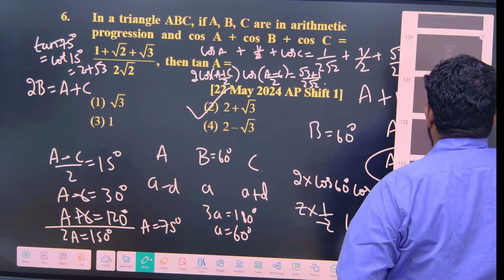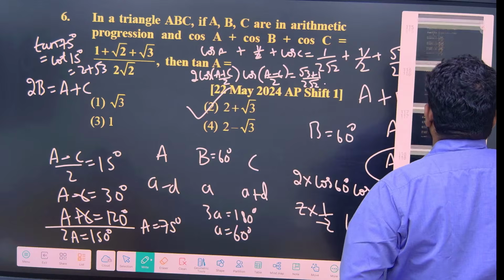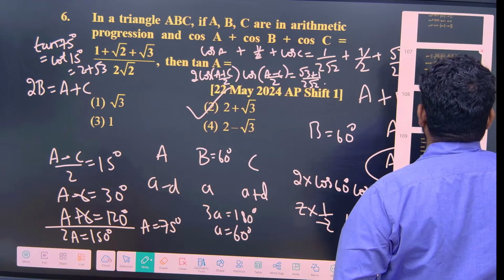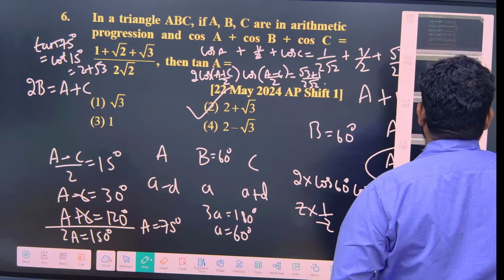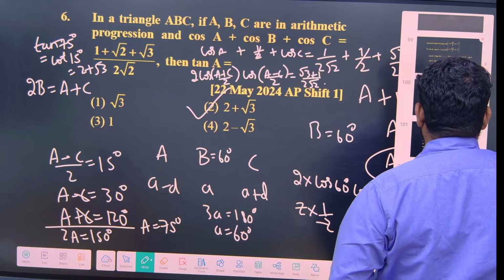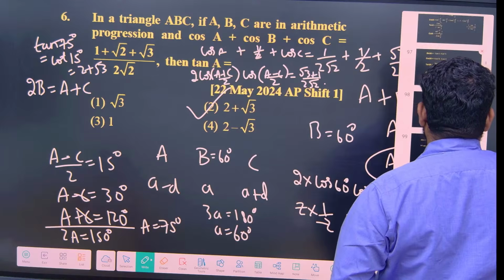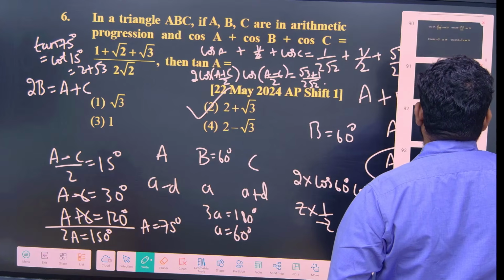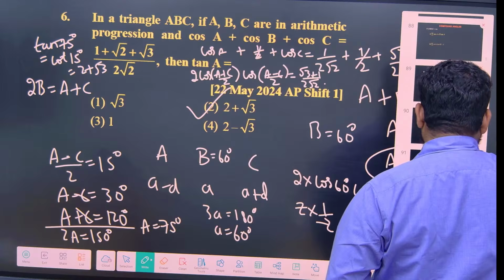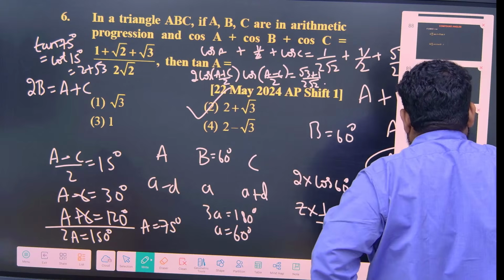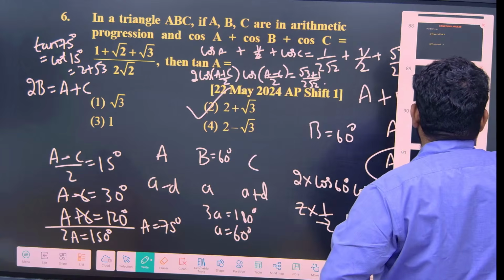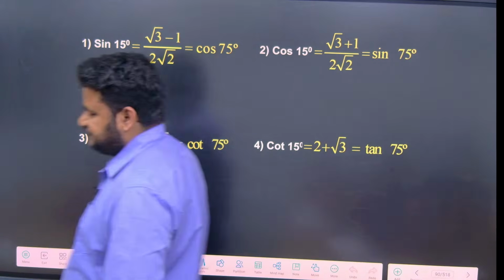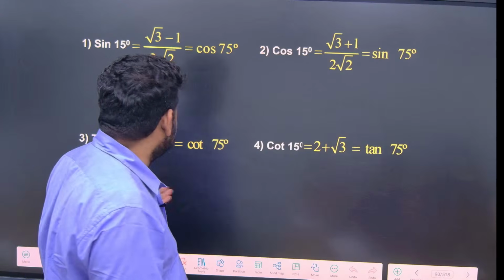I told you about 15 degrees, I will show you again. See here, cot 15 I told you is 2 plus root 3, tan 15 is 2 minus root 3, that is cot 75.